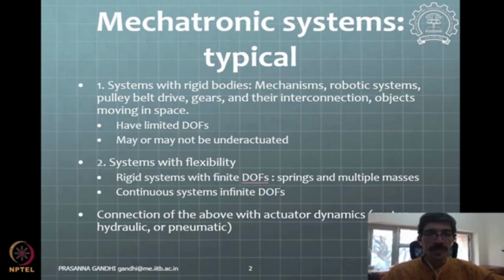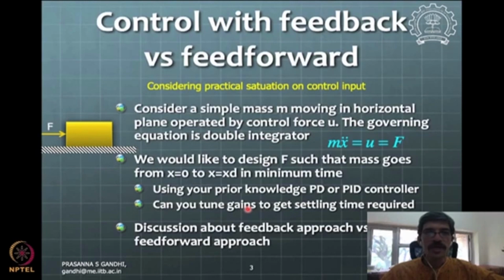Then there are tools available based on the continuous domain model, or infinite dimensional model, which is partial differential equation based. This area is still developing. And of course in both cases, you'll have a connection with the electromechanical actuator part or a hydraulic actuator part and things like that. So this is the main kind of systems that we have.